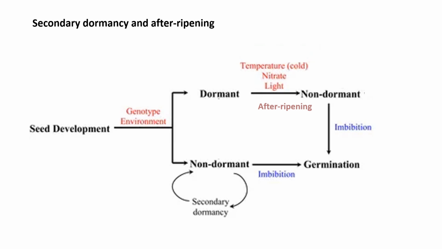Such seeds show a transition from the dormant state to a non-dormant state, but do not germinate till the passage of an appropriate after ripening time. After ripening, therefore, is a time and environment regulated process occurring in the dry seed.